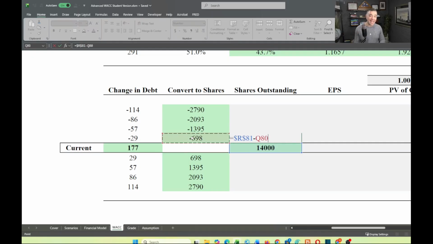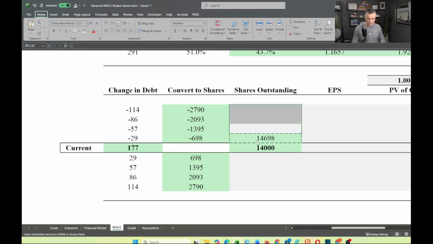Since it's a negative, if I'm taking on less debt, I'm subtracting a negative. That means I'm adding shares outstanding. So our shares outstanding are increasing if we lower our debt, because I have to issue more shares to pay off the debt. So let's copy that cell and we can see how shares outstanding are going to go up.